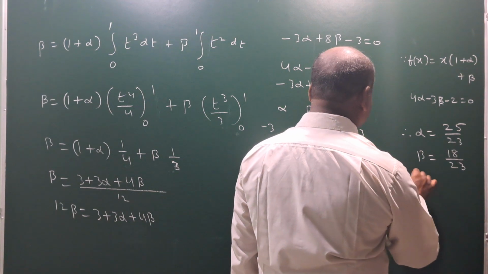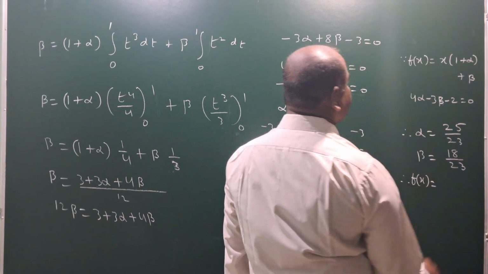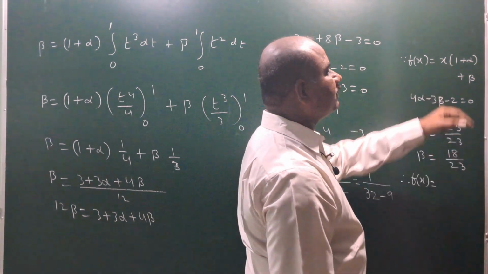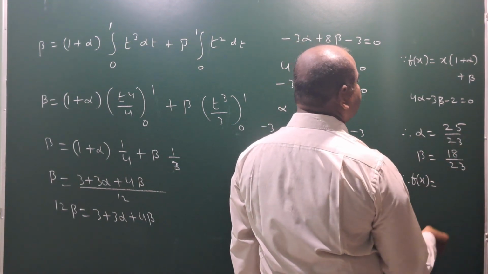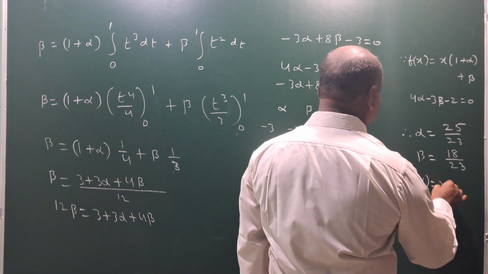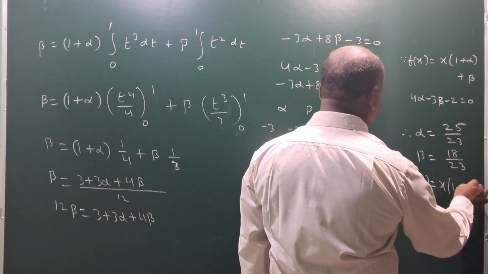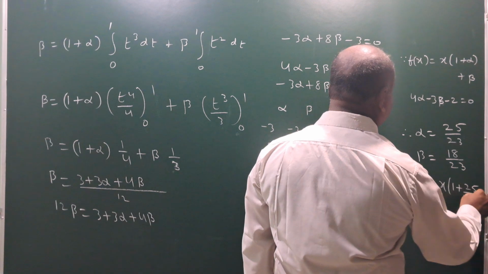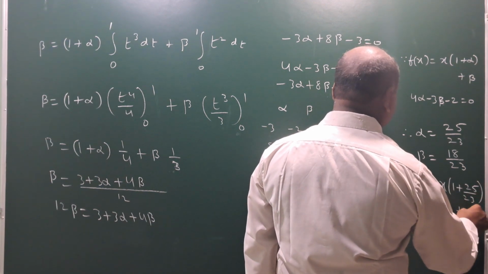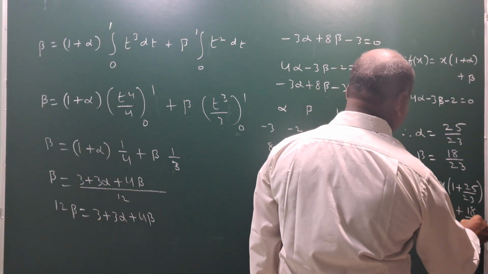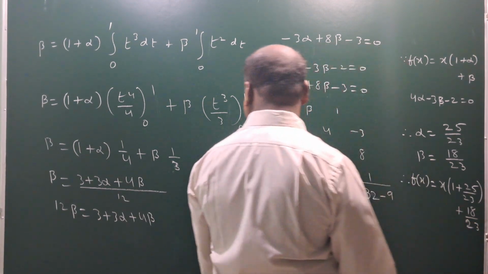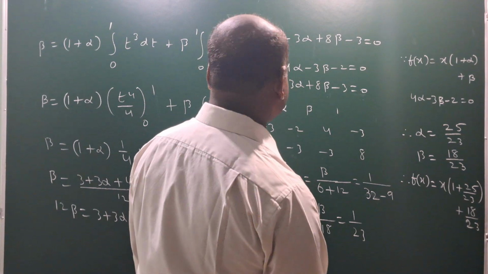So finally f of x is equal to x into 1 plus alpha plus beta. So 1 plus alpha means 1 plus 25 by 23, plus beta means 18 by 23 only. So finally the function is like this.